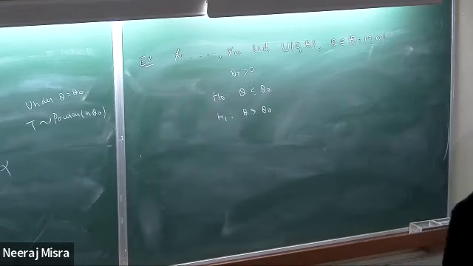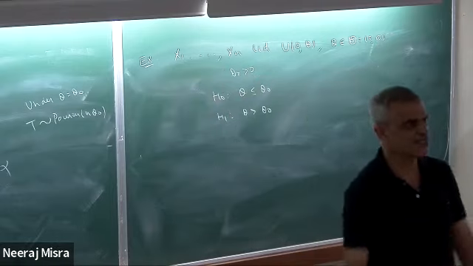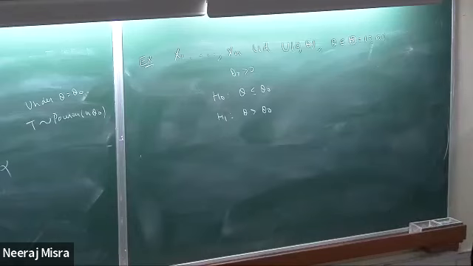Does uniform have MLR? We saw it in the class, right? It has MLR in Xn maximum, right? You know that it has MLR, right? We saw that f theta 1 upon f theta naught of x, in the beginning, is a fixed quantity.